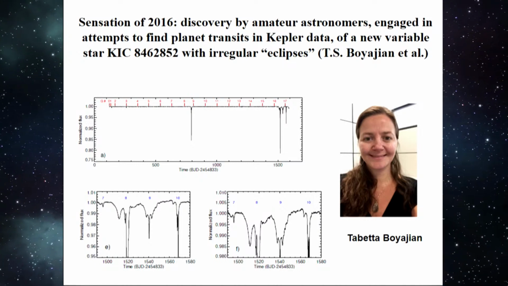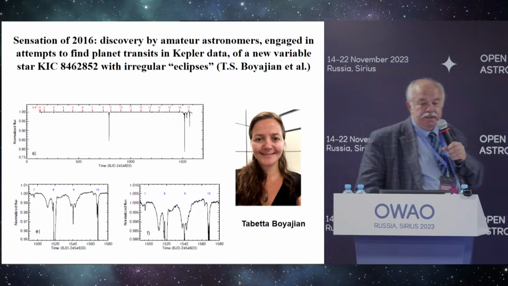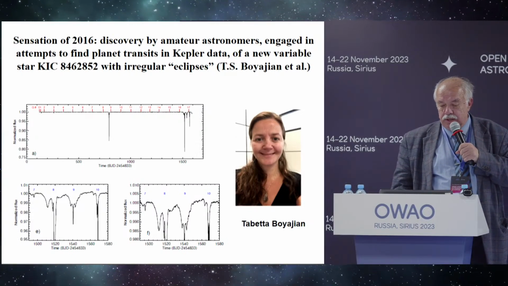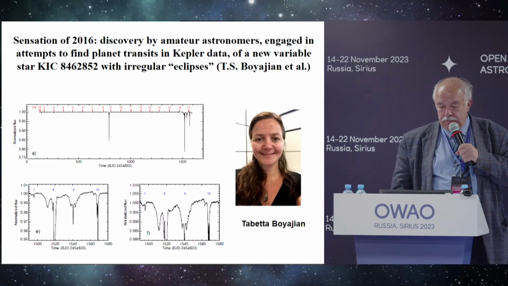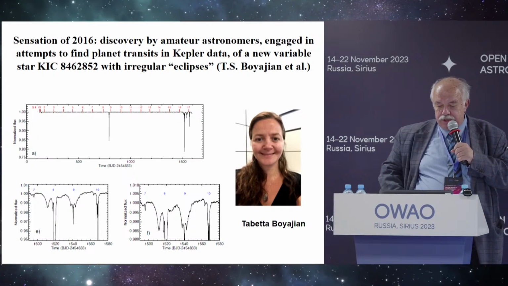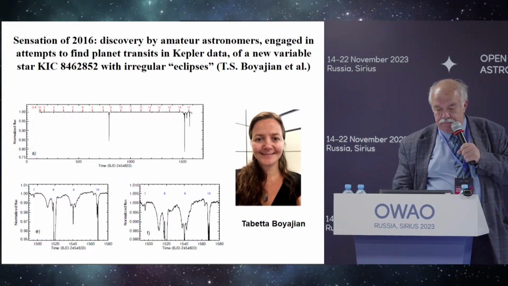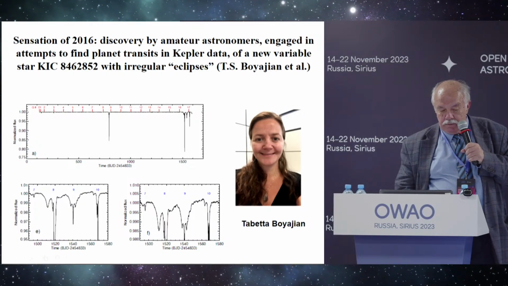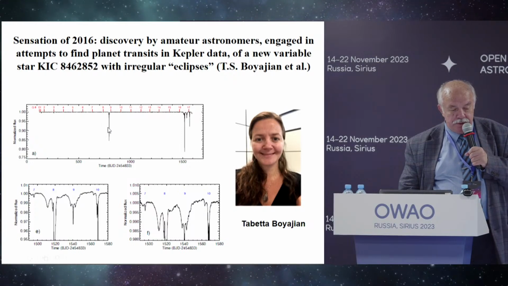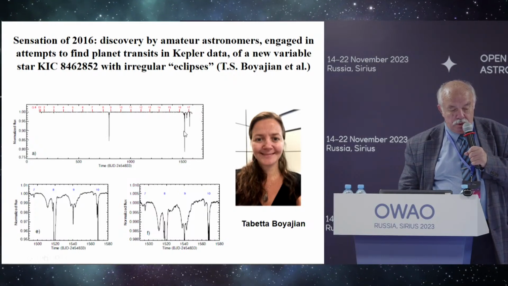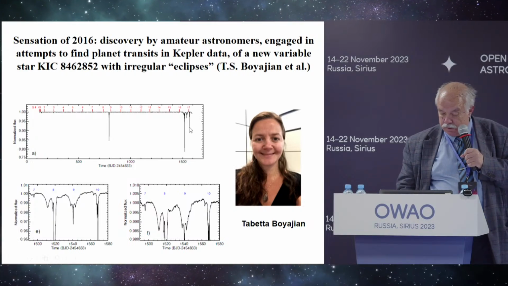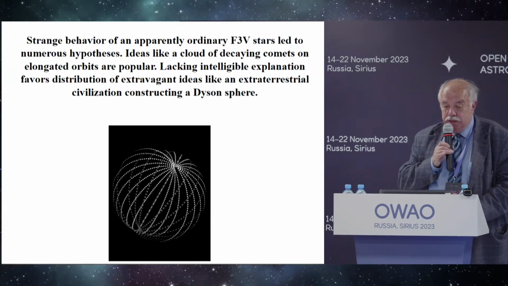And then a group of amateur astronomers found a very strange variable star with irregular eclipses. And this lady, an American astronomer with Armenian name Tabeta Boyajian, noticed this thing. You see, there are semi-periodic eclipses, but an eclipse can be an ordinary one or with several minima. Very strange.